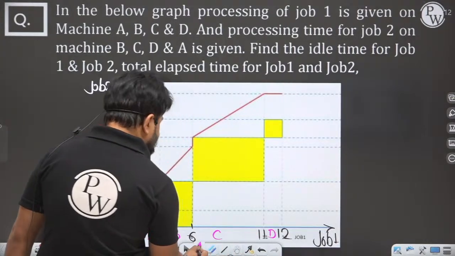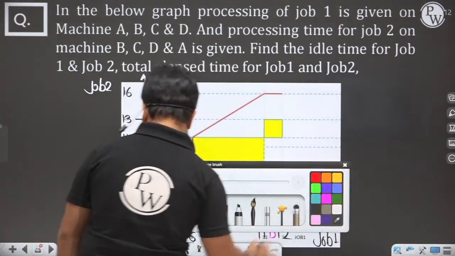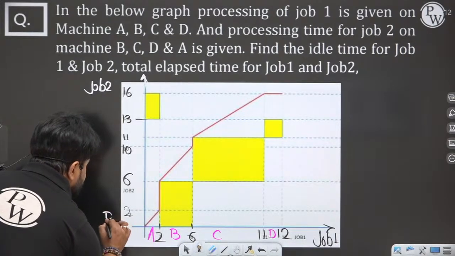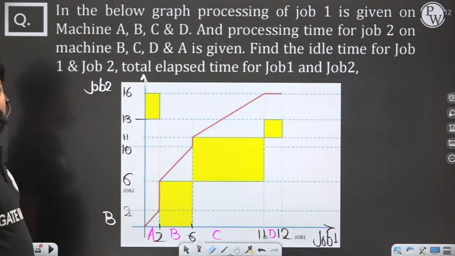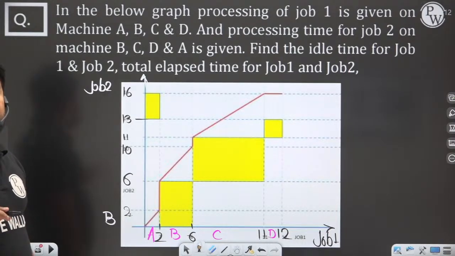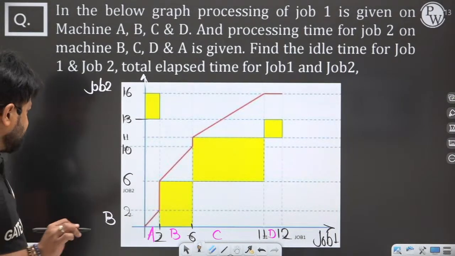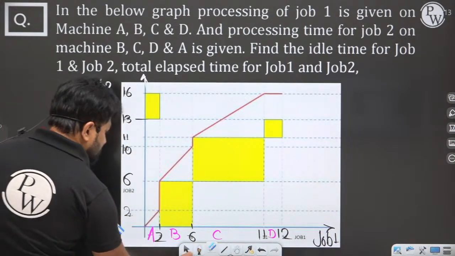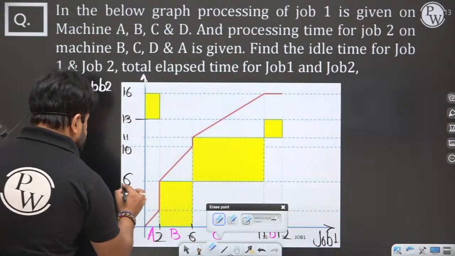In a similar fashion, job 2 is on machine B from 0 to 6, sorry, not 0 to 2.